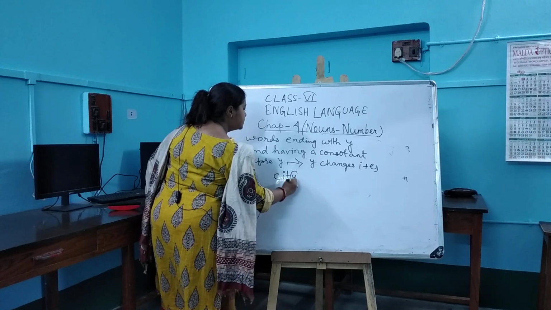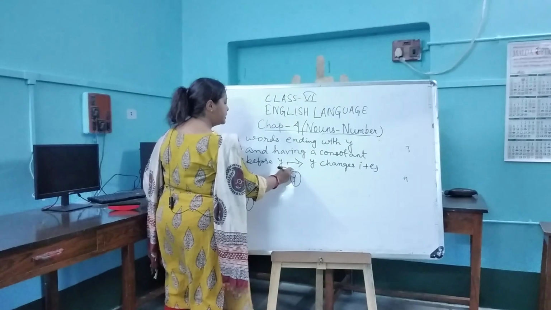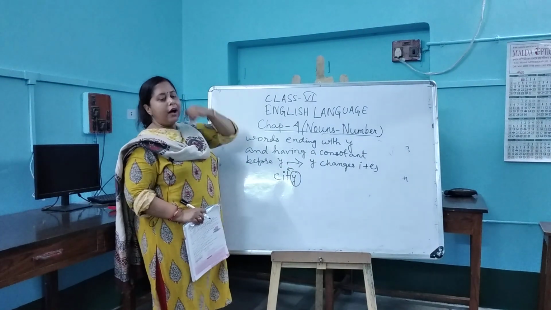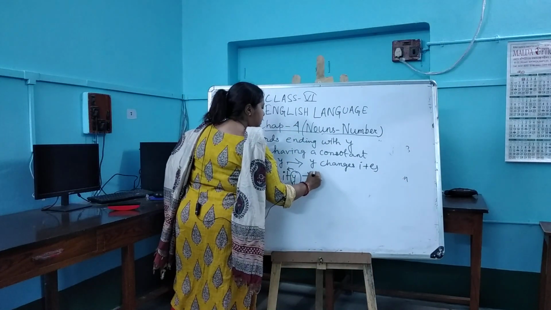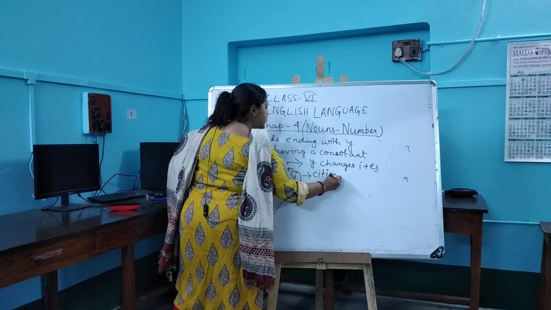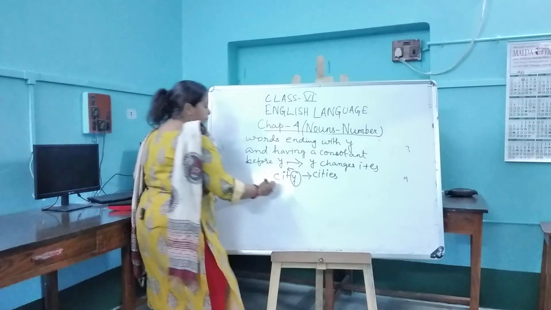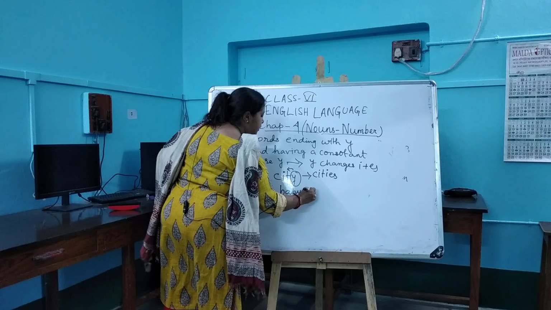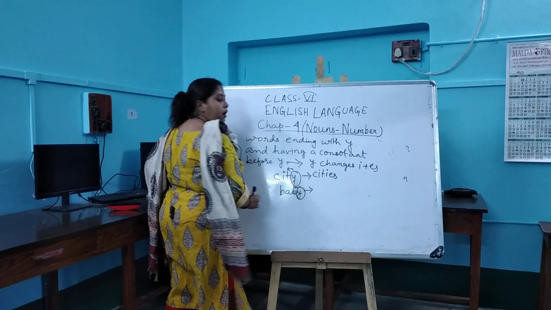C-I-T-Y. This is the last letter y, and before the last letter it is T. T is a consonant, T is not a vowel. So how will we change it? C-I-T-Y will change into C-I-T-I-E-S, cities, in this way. Okay, baby, B-A-B-Y, baby. It ends with Y and the letter before it is a consonant.